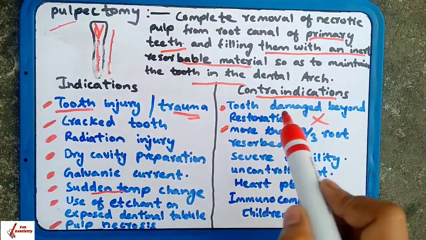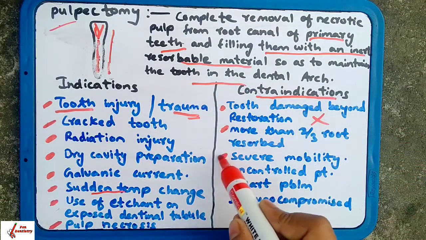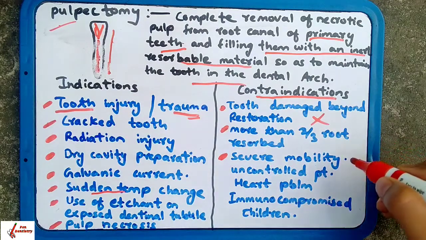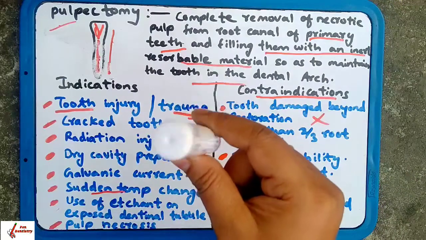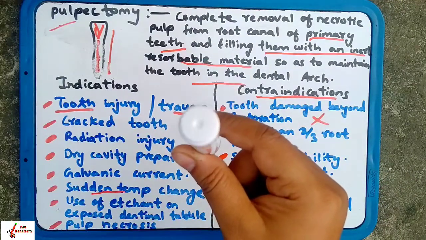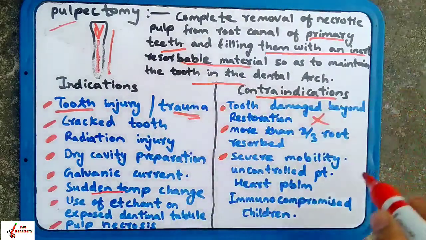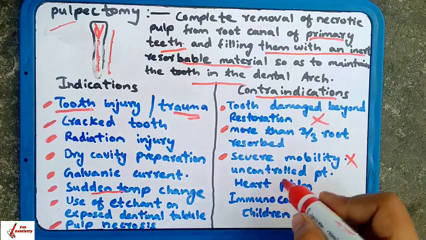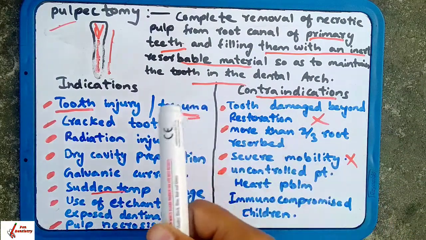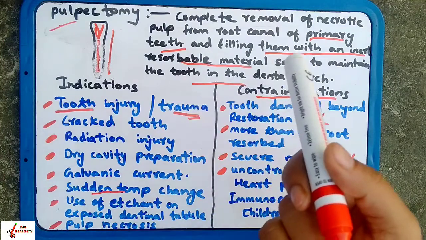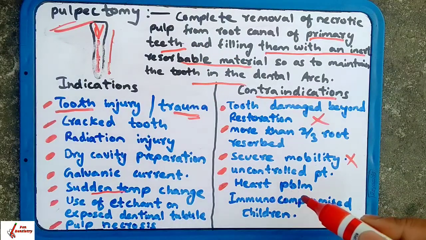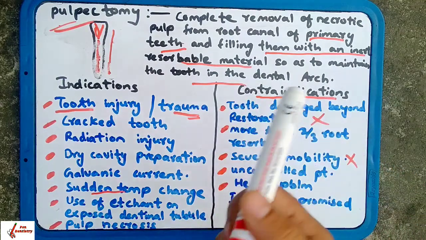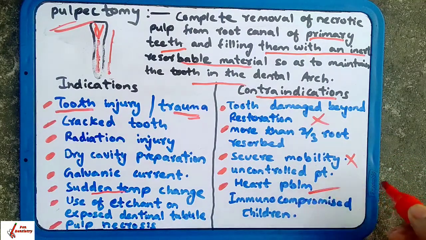When there is severe mobility, if the tooth is mobile, you can't do the pulpectomy. Uncontrolled patient: when the patient is not cooperating with you, you can't do the pulpectomy. If the patient is suffering from any heart problem, then you can't do the pulpectomy.